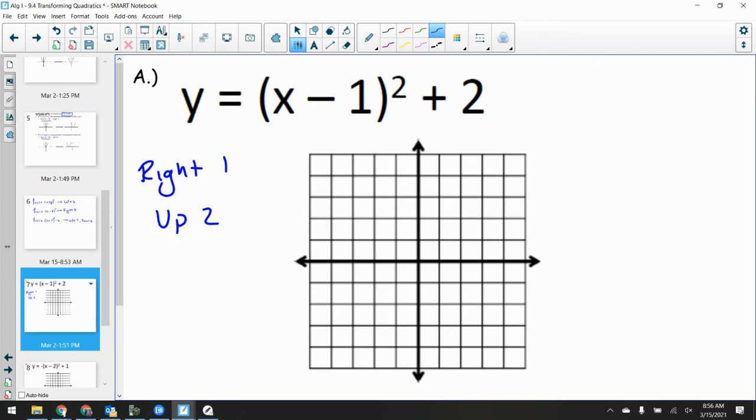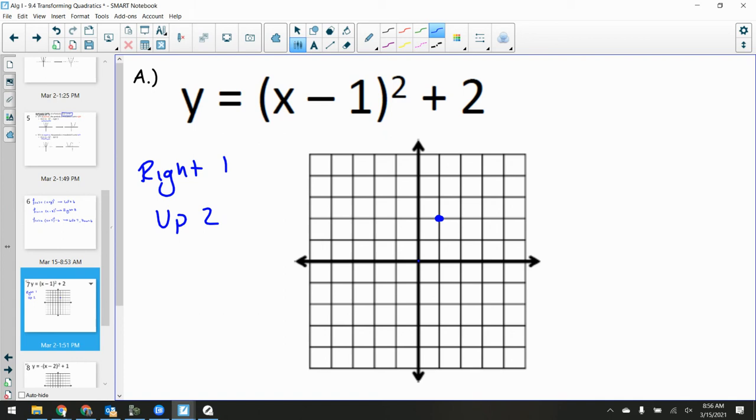So if it's right 1 up 2, that's shifting my vertex right 1 up 2. Some people might even call this vertex form. You might see this written saying, what is it in vertex form? When you've got this parenthesis like that, that's what it's called in vertex form. So all you're doing is taking the vertex and moving it from 0, 0, right 1 up 2. And that's your new vertex. That's the vertex of your parabola.